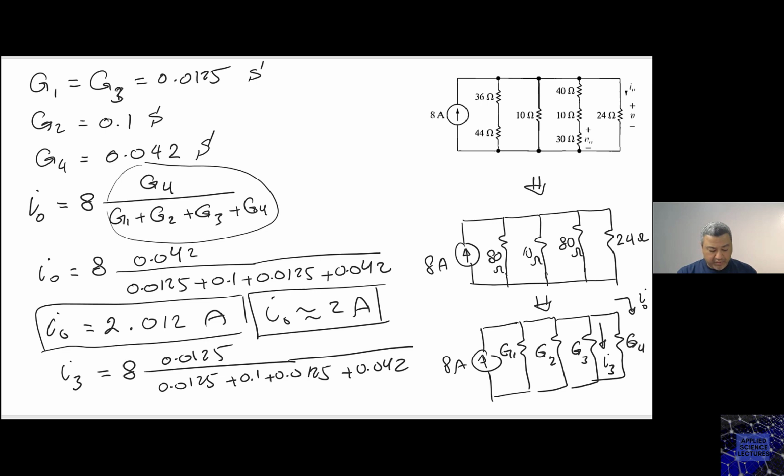Calculate I3. It's 0.6 ampere. 0.6 ampere in this branch.